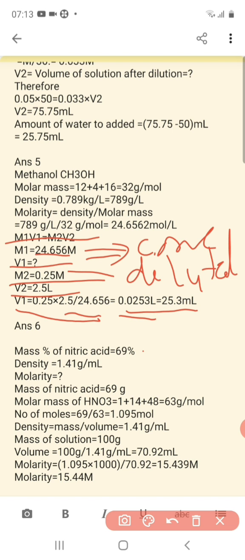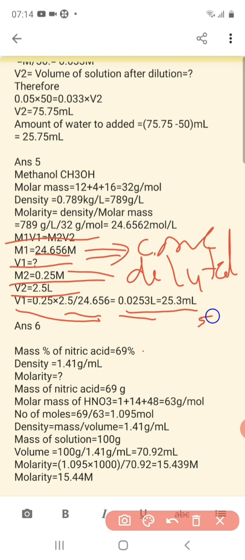If you take 25.3 ml of the stock solution, having molarity 24.656 molar, and add water so that the total volume is made up to 2.5 liter, then the molarity of such solution will be equal to 0.25 molar. And this is the overall method for diluting the solution.